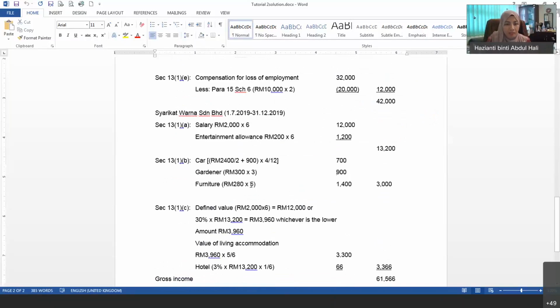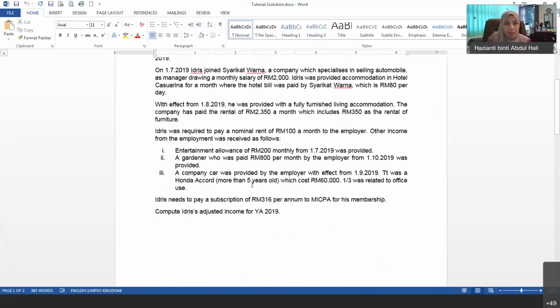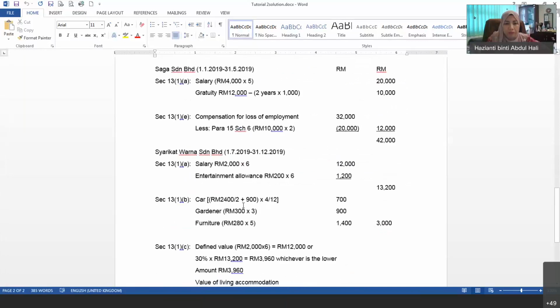And furniture, do not forget the furniture. We have the furniture here, fully furnished, and then 350 as the rental of the furniture. 280 times 5 for 5 months.